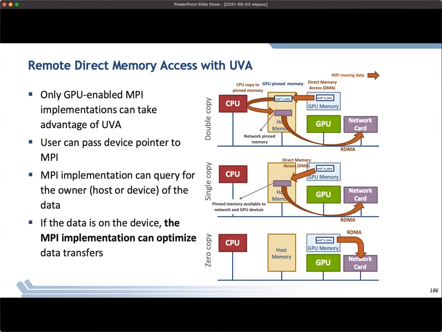The simplest case, in order to send data from GPU memory over the network, is that we create a temporary buffer internally inside the MPI library in CPU memory, copy the data out to this temporary buffer, and send that buffer over the network. Implementation-wise, this does not require any special feature, because these are just CUDA memcpy operations between the host and GPU memory, and after that it is just a regular MPI operation that moves the data from main memory.